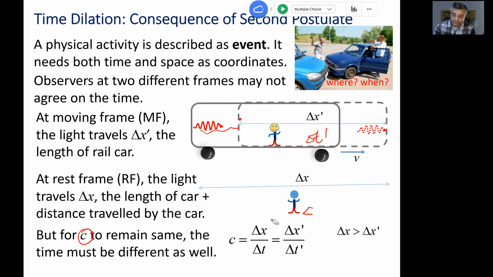When we say c is the same, we just notice that delta x is larger than delta x prime, right? So we know this, since this is that, and c must be constant according to Einstein, right? Special theory of relativity.